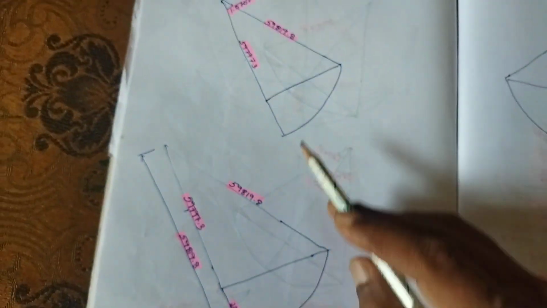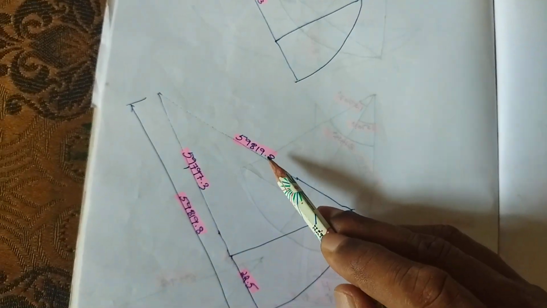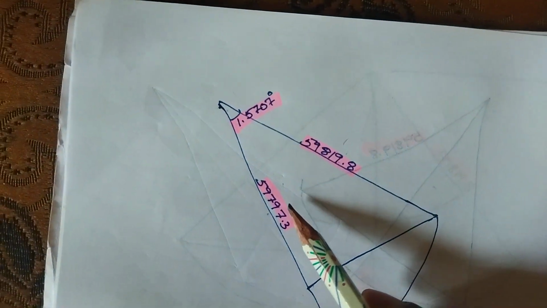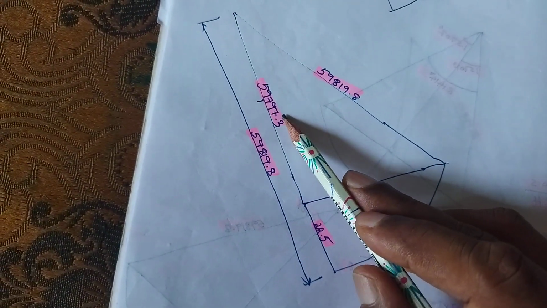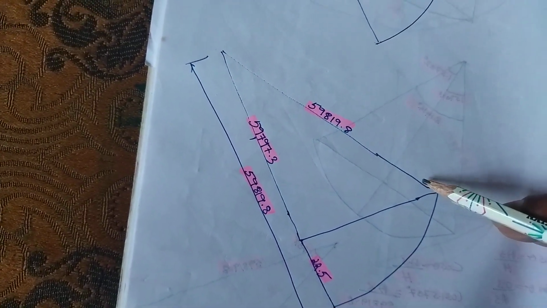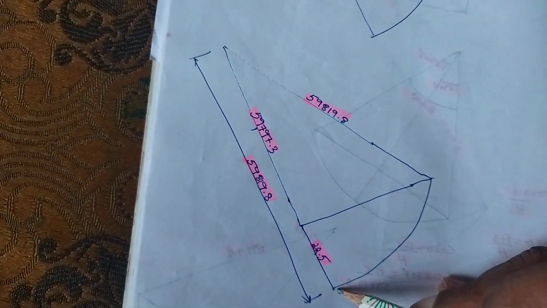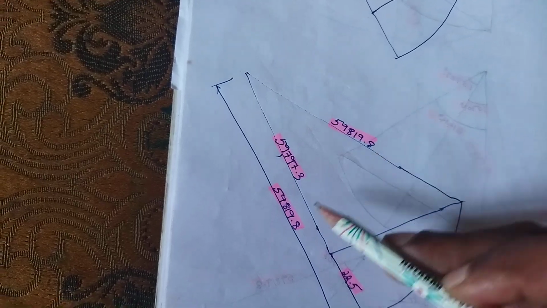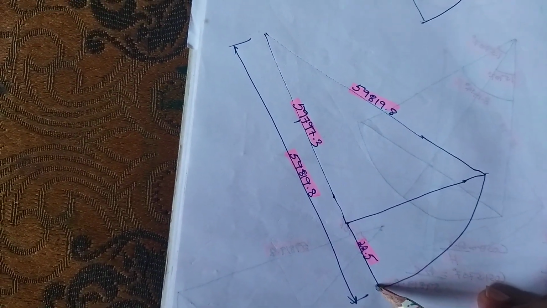Once again I have written here 59,819.8 and 59,797.3. From this measurement 59,819.8, that is the radius, and this is also from here to here 59,819.8.